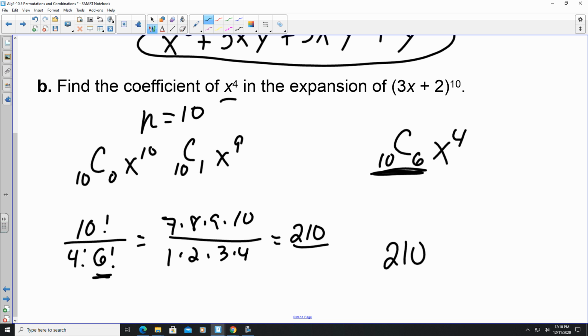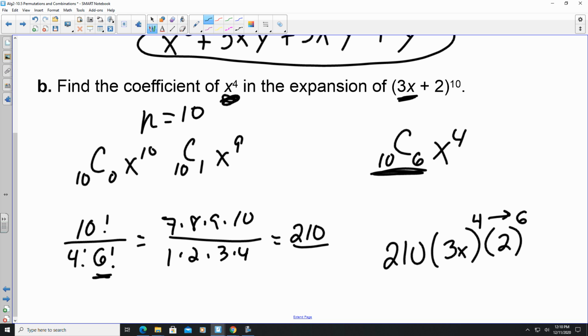So I'm going to get 210, and then my value for A is 3x. That is going to be raised to the 4th power because of my x to the 4th. And then my B, which is 2, is going to be raised to the 6th power.